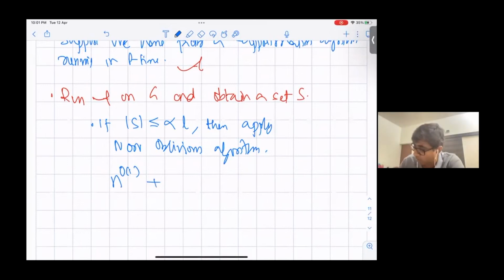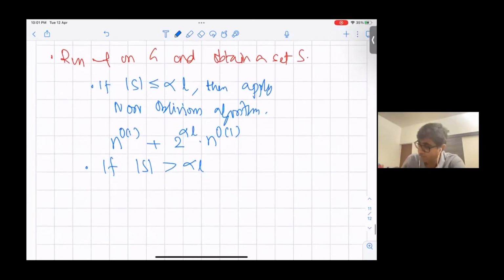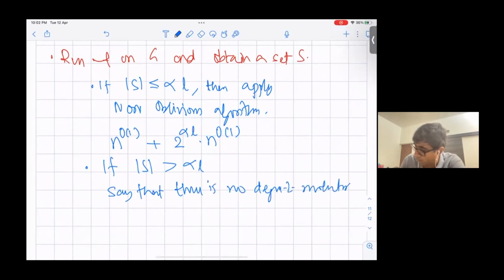And if the set is larger than that, we can say that it is strictly greater than L, and that there is no degree 2 modulator of size at most L.